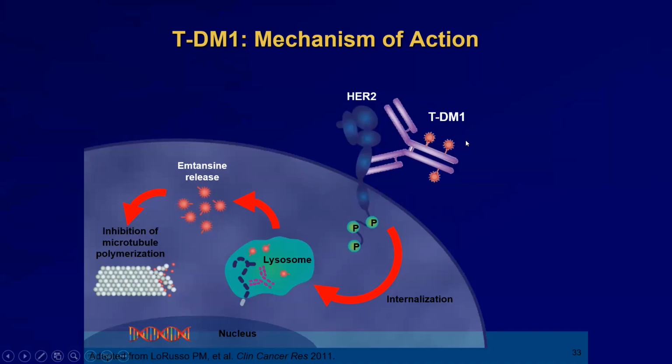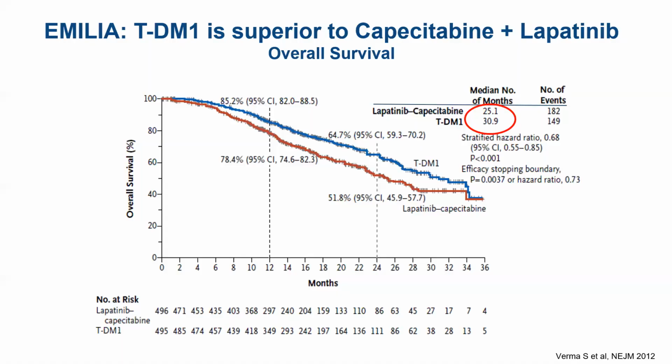And it's very smart because you load the antibody with these chemo molecules, and the chemo doesn't actually become active until it's bound to HER2, taken up inside the cancer cell, and then that chemo is released and the cancer cell is killed. So the idea being it's a smart bomb. It goes directly after the cancer cell, sparing normal cells.